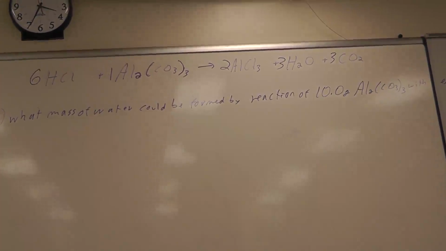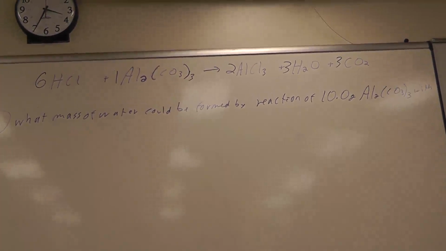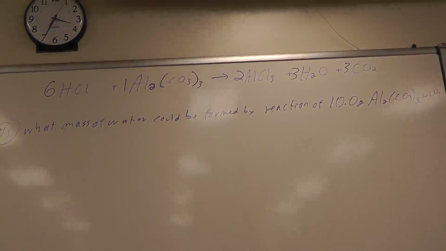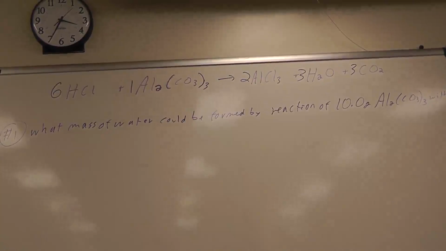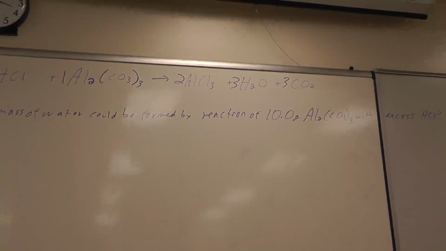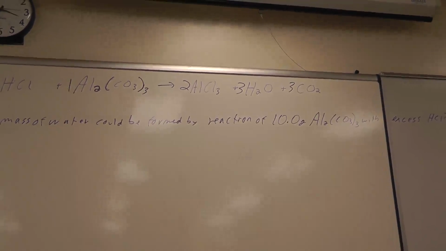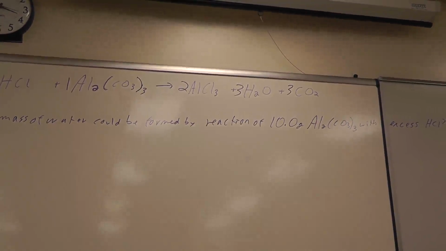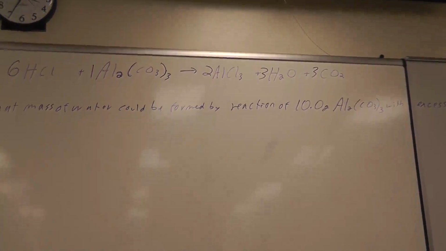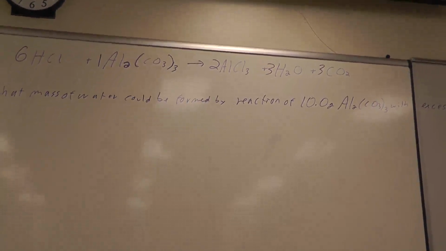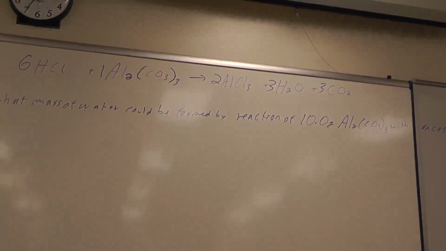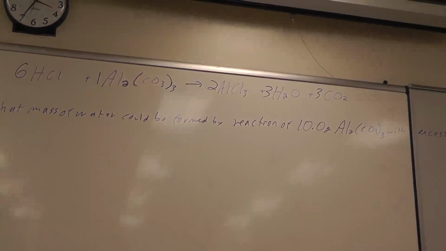And if you put the 2 together, then you'll make those other products. So the question is, if we start this reaction with exactly 10.0 grams of aluminum carbonate, and it says excess HCl, so that's just telling you you got more than enough HCl to make sure that all of that 10 grams aluminum carbonate gets reacted. You've got an unlimited supply of HCl, but you've got a limited supply of aluminum carbonate. If all that aluminum carbonate reacts, how much water can be produced?